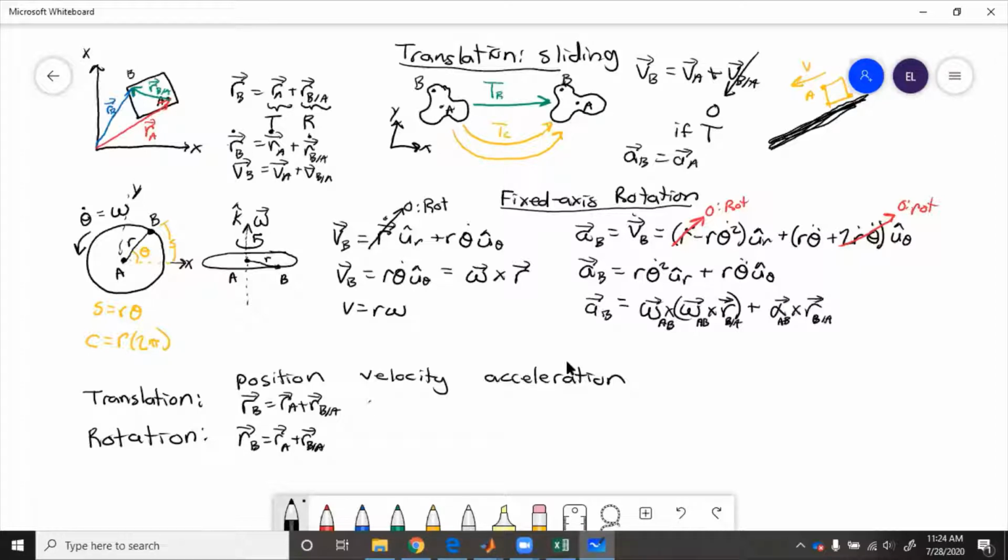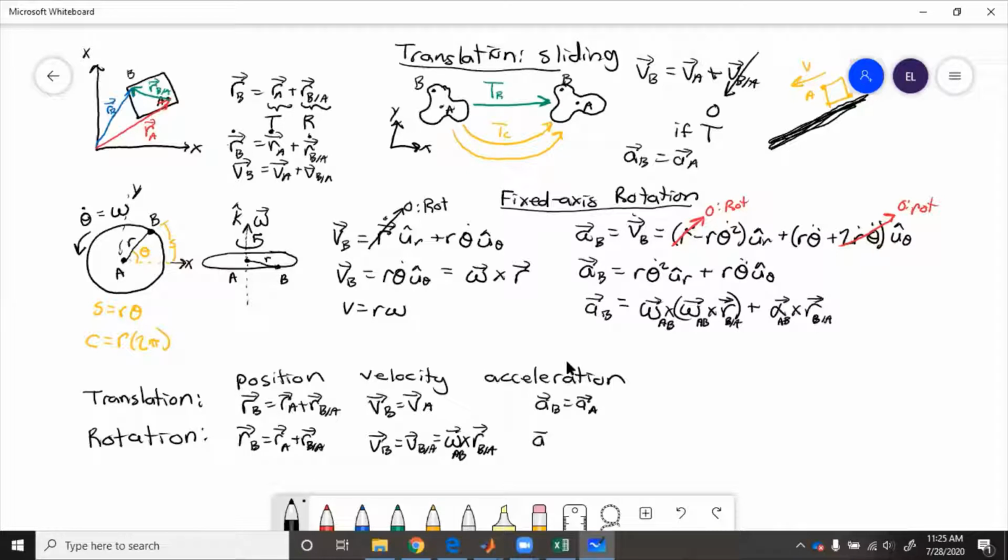Then for velocity, this is going to be VB equals VA plus VB with respect to A, equals omega cross RB with respect to A, because different components of these derivatives go to 0. Now for acceleration, AB equals AA.